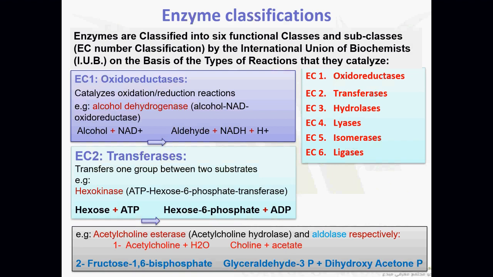An example for the second class is the transferases, where this class of enzyme transfers a specific functional group from one substrate to another.